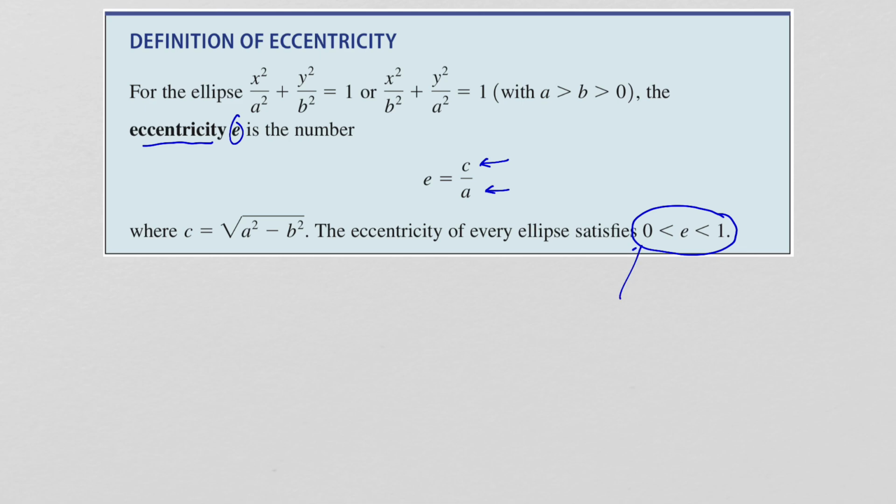So the closer E is to 0, the more like a circle your ellipse is going to be. And the closer the eccentricity is to 1, the more oblong the ellipse is going to be. So if your eccentricity is very close to 0, your ellipse is going to look very much like a circle. And if your eccentricity is closer to 1, it's going to be a more oblong type of ellipse.